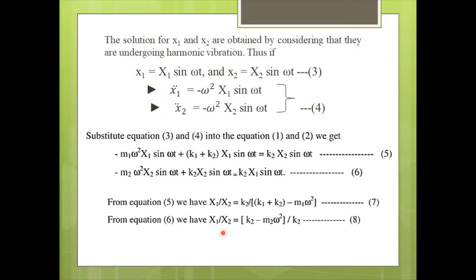Now the main important concern of you all is that both these two equations of ratio of amplitude of vibration are actually similar. Whenever you will be putting your numerical values into this equation 7 or 8, you will be getting nearly same values as the answer. I'll show you this at the end of this problem.